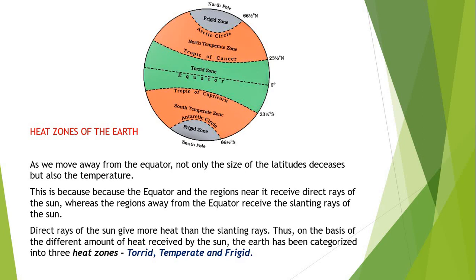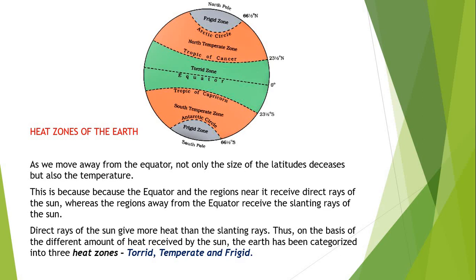The equator and the region near it receive direct rays of the sun, whereas the regions away from the equator receive slanting rays of the sun. Direct rays of the sun always give more heat in comparison to slanting rays.